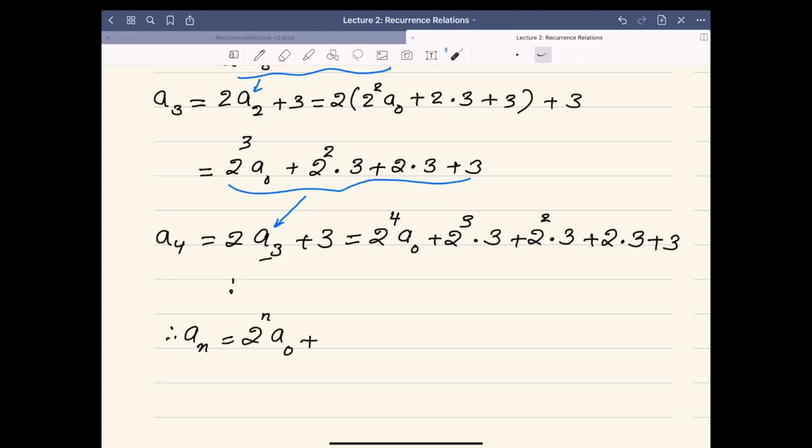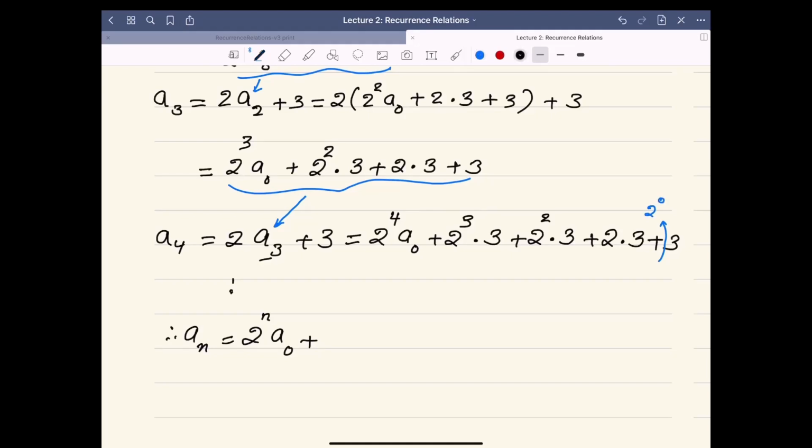Now for the remaining terms, if this is 4, here you have 2 raised to power 3, 2 raised to power 2, 2 raised to power 1. If I want to make this summation in a pattern, I could add 2 to the power 0, because 2 to the power 0 is equal to 1.